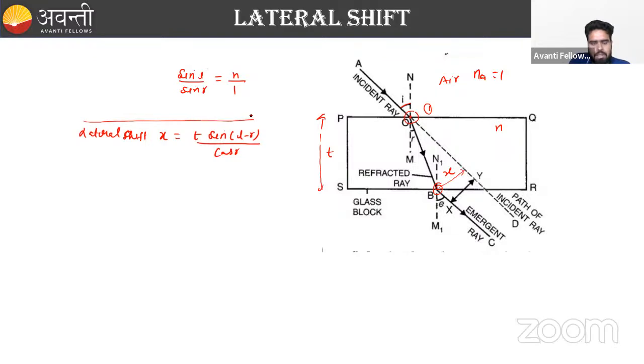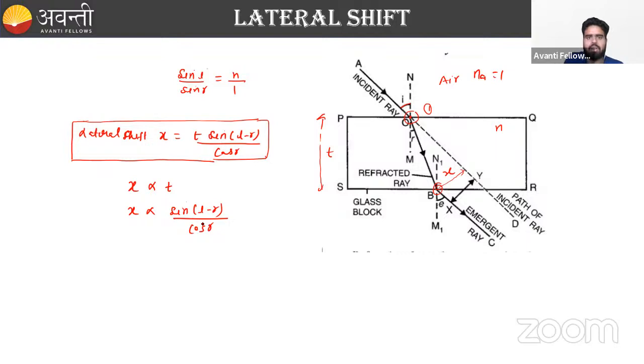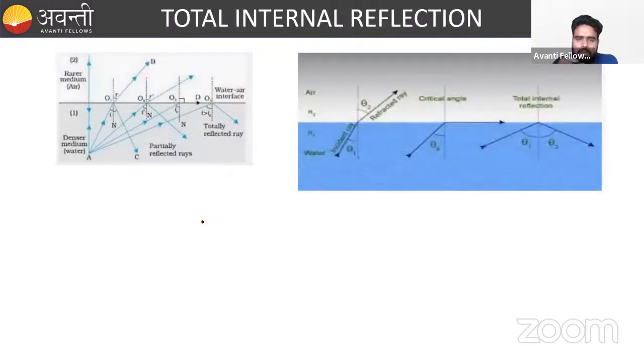This result we easily get after applying Snell's law at both surfaces and applying some geometry. Here we observe that the lateral shift x is proportional to the thickness of the glass slab, as well as to the angle of incidence i. So x is proportional to sine(i minus r) divided by cos r. This is the lateral shift.